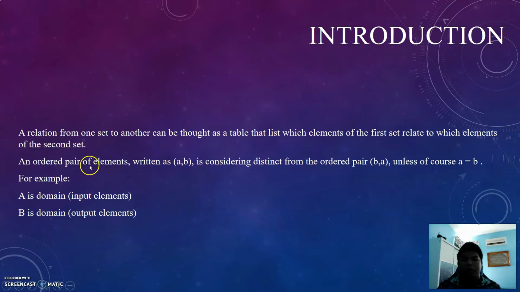An ordered pair of elements written as AB is considered distinct from the ordered pair BA, unless of course A equals B. For example, set A and B. Set A is a domain for input elements, while set B is a domain for output elements.